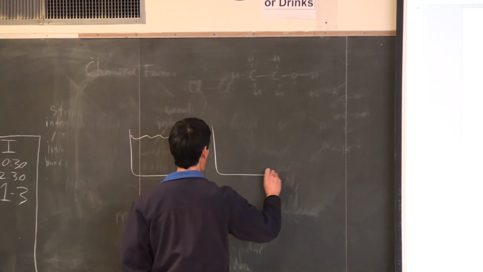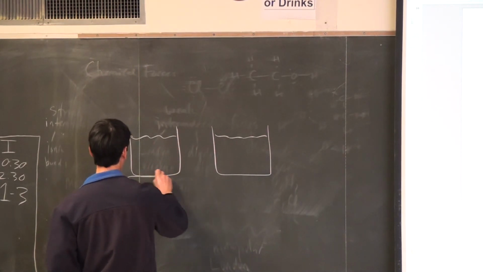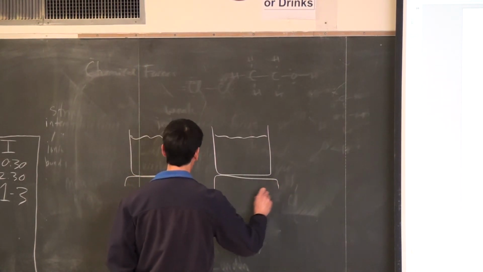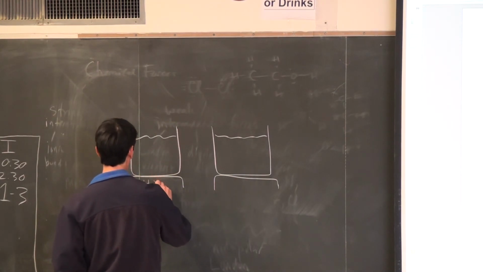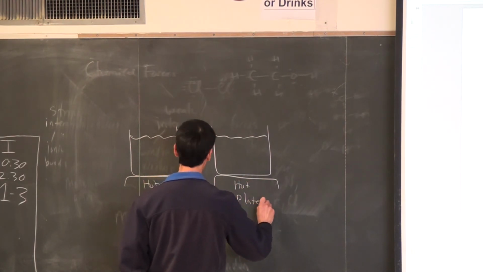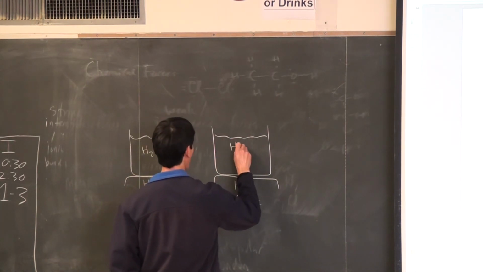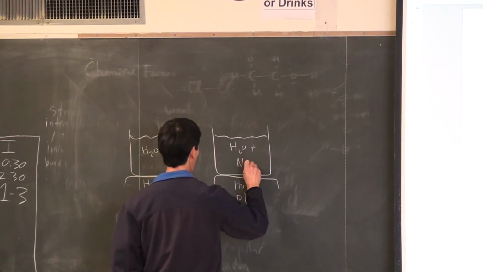Each contains the same amount of water, and you're heating these up on your stove. Okay, so here's your hot plate. Here you have the same amount of water. So this is water only, and this is water plus salt.